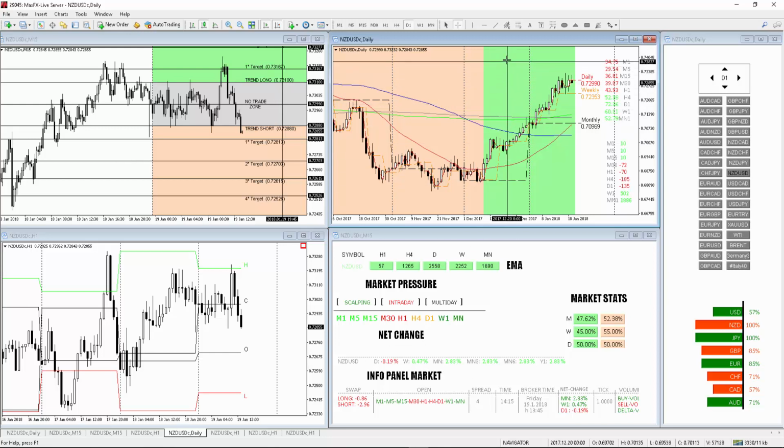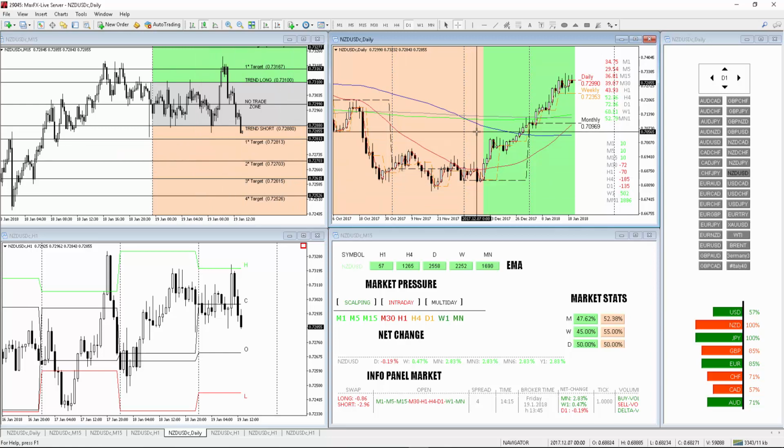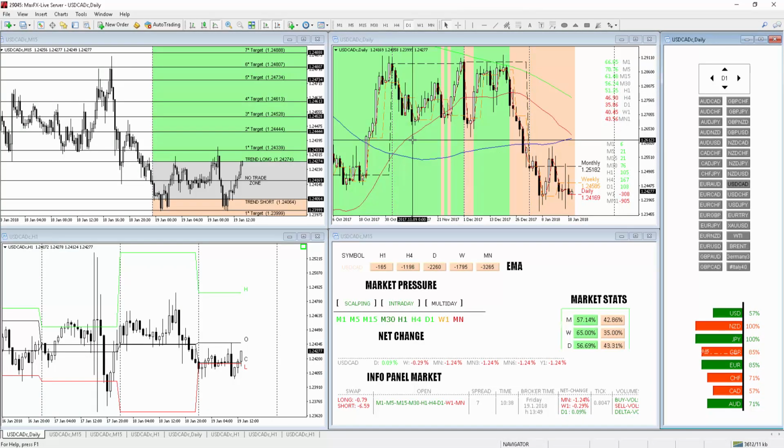We have an RSI below 50 up to the H1 timeframe, so with a New Zealand dollar, which is 100% short against a 57% long US dollar, we may have a continuation to the downside toward the weekly opening at 0.7235.